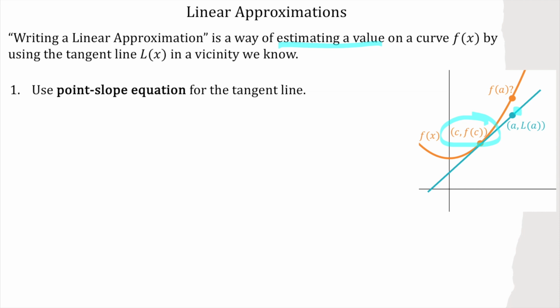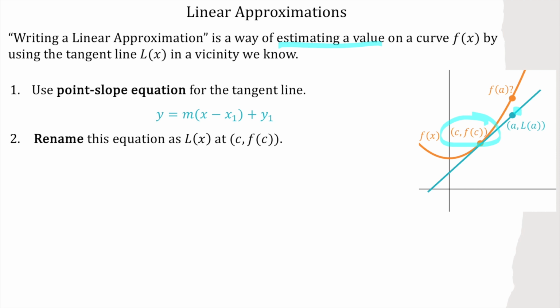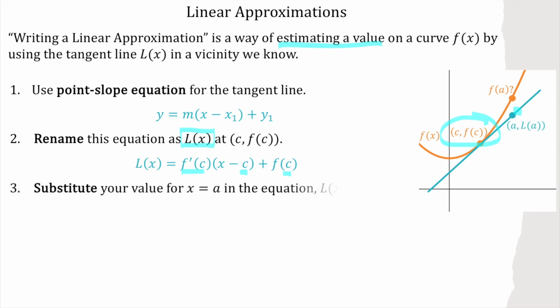So to do this, we use a point slope equation for the tangent line, like we've been doing. We're going to rename this equation as L of x. So, you're saying it's a line, and that line has the slope at c and the point at c. Then we're just going to substitute in a instead of c.